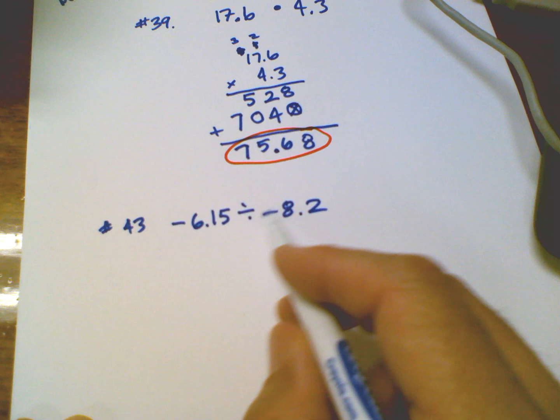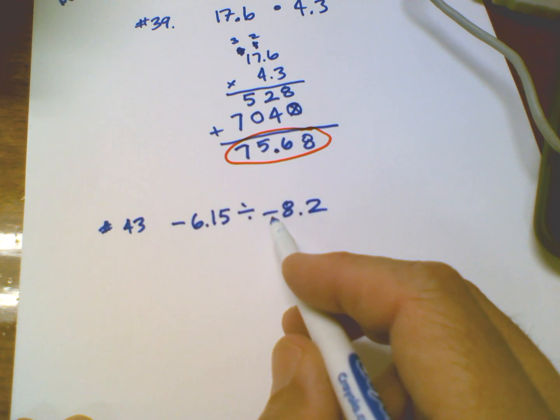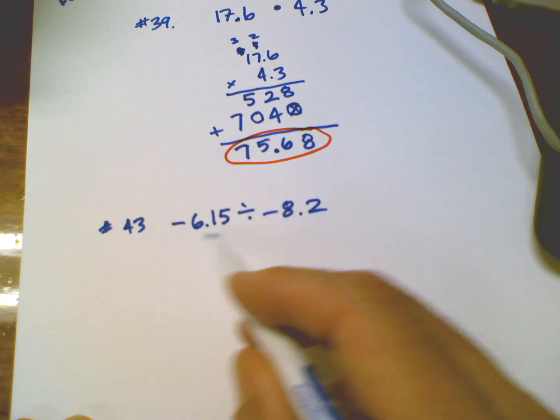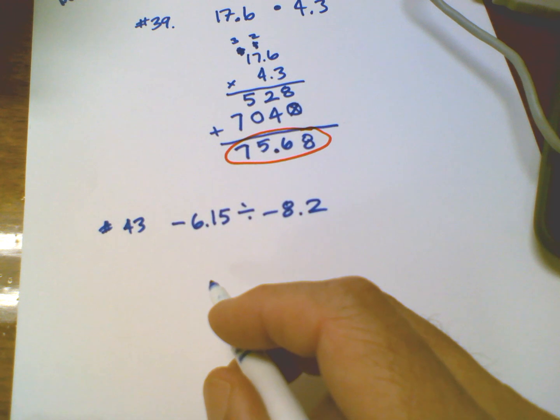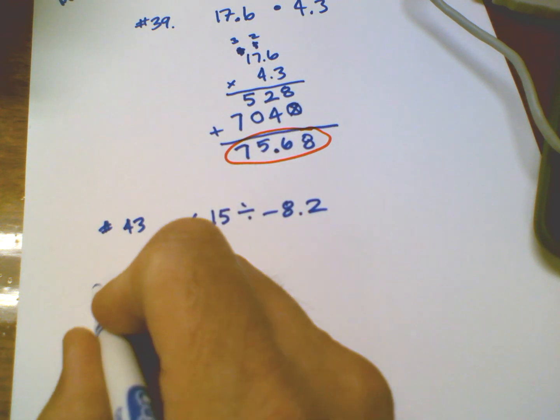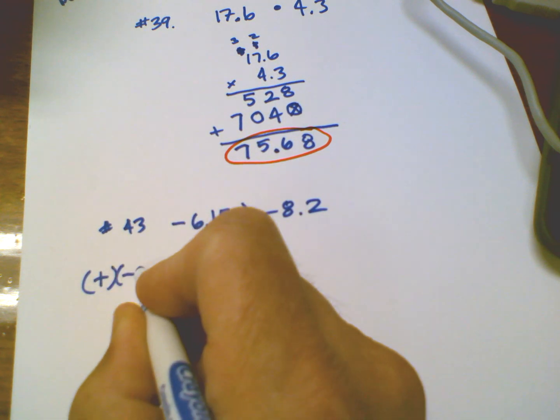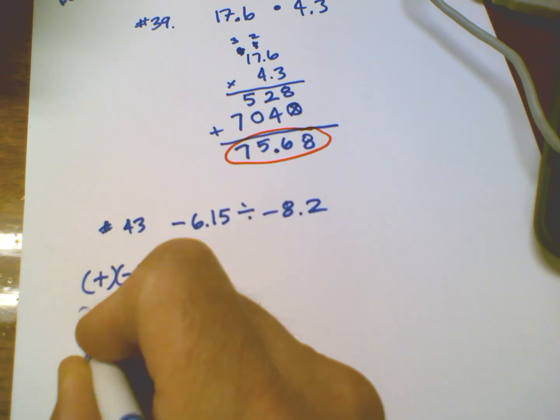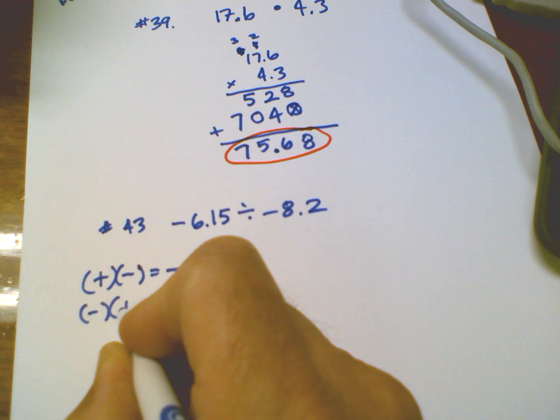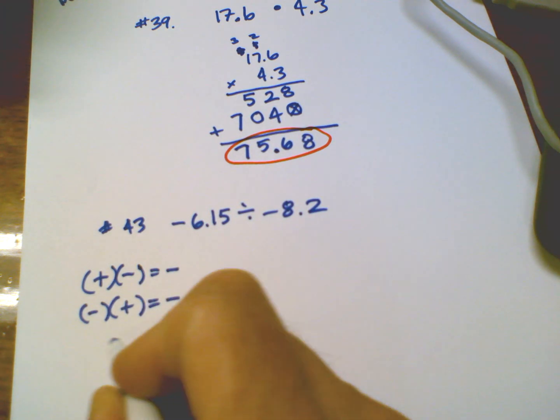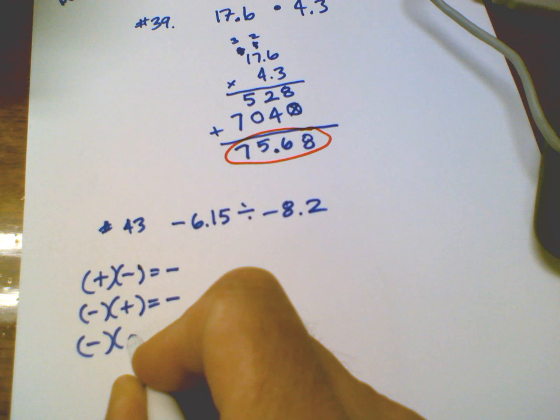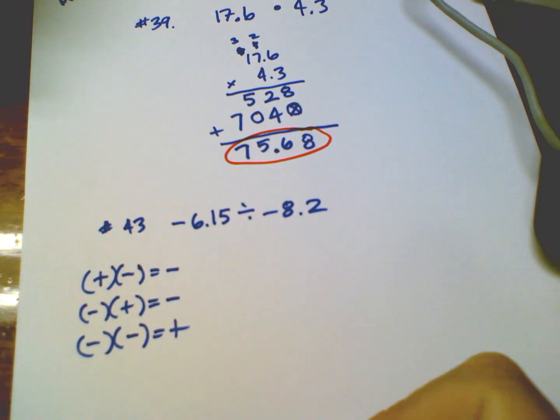I know I'm dividing 2 negative numbers, so my answer will be positive, right? If they were opposite signs, it'd be a negative, because a positive divided by or times a negative is always a negative, and vice versa. Negative times a positive is always a negative. But if I multiply or divide 2 negatives, I get a positive, right?